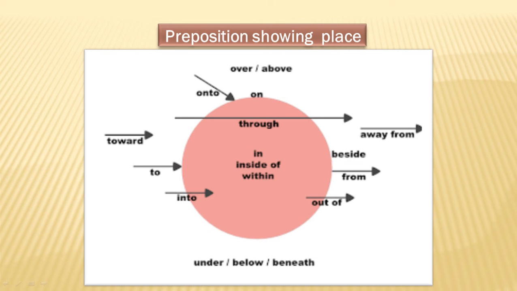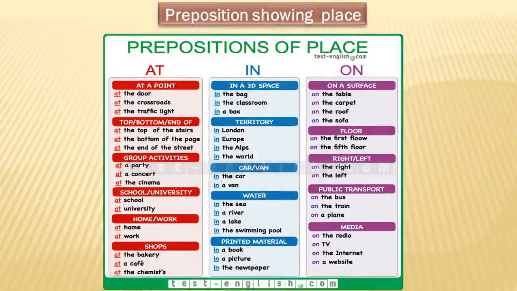Under, below, beneath mean something is kept under your table, or below or beneath. There is a cow beneath the tree. Beneath means down, below. Okay, now I am going to the second figure, the preposition of place.